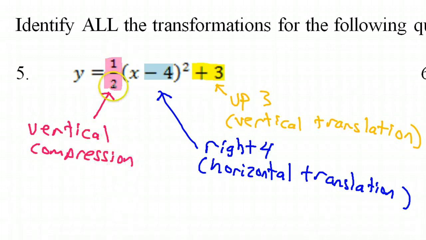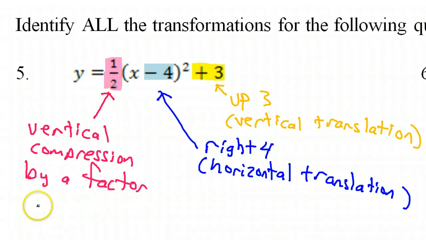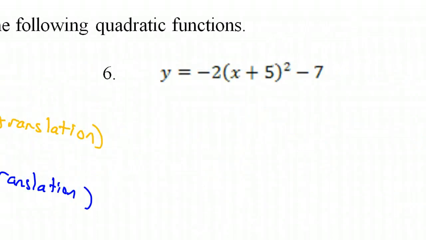And now we'll be real specific and say by a factor of 1/2. Vertical compression by a factor of 1/2. So those are the 3 transformations I see on number 5.